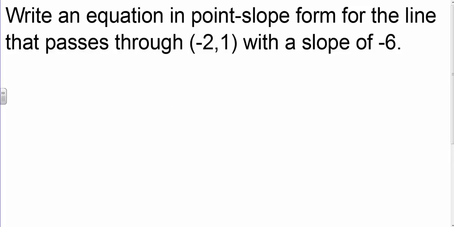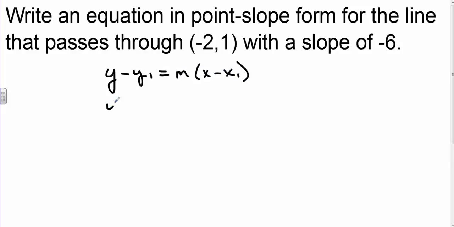Your turn. Write an equation in point-slope form for the line that passes through (-2, 1) with a slope of -6. Pause the video. Try this one. Get back with me. Did you remember what it was before you started? It's y minus y1 equals m times x minus x1.